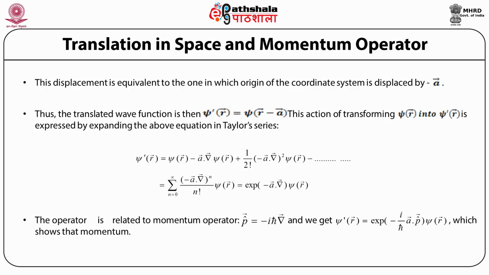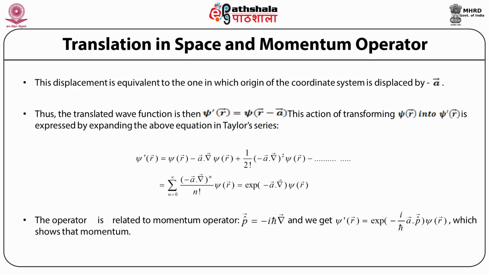And this can then further be simplified as exponential to the power minus vector a dot del vector, times the wave function psi of r. Here dot basically represents the dot product between the vector a and the del vector.